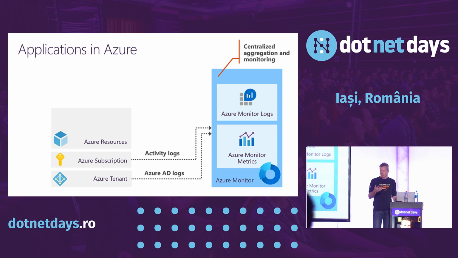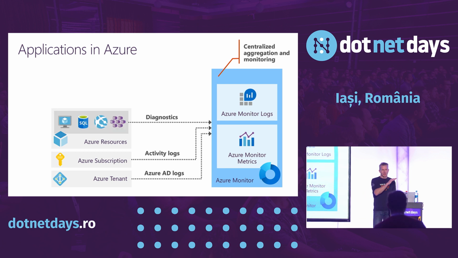And this is where it starts to get real. Azure resources could be any of these things and more, like virtual machines, the databases you have, all the code that you build, deploy, and host, whether they're hosted in an app service or maybe in a Kubernetes cluster, doesn't really matter. They send out all this diagnostics information.